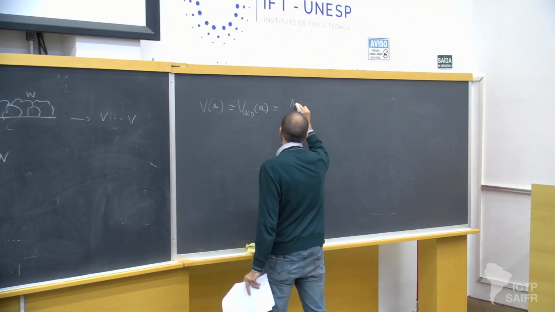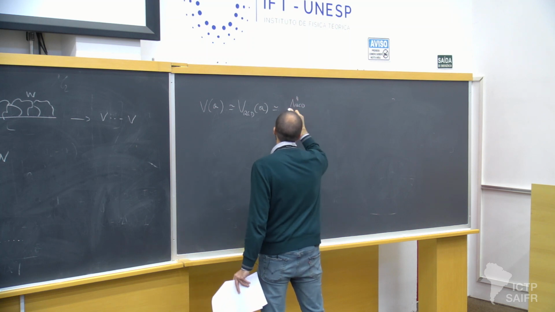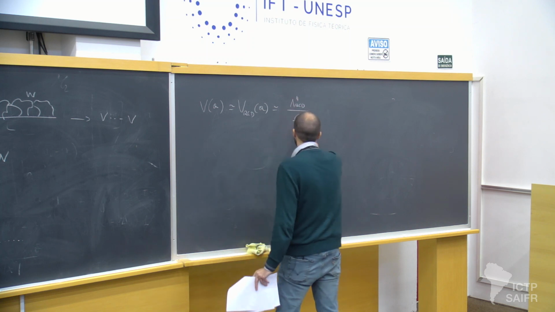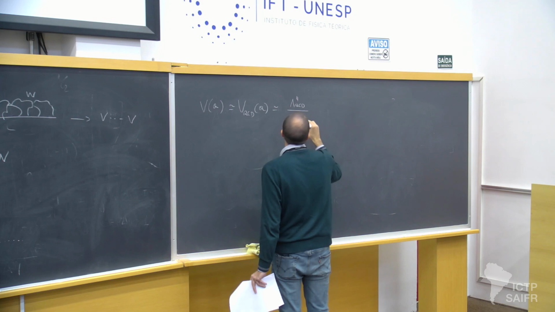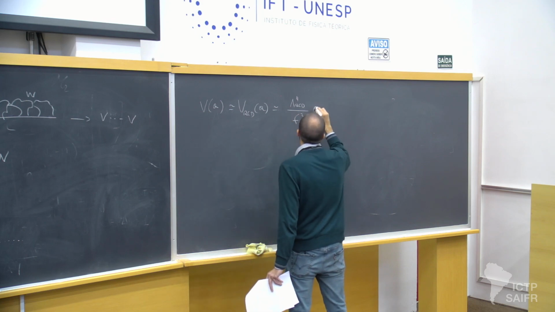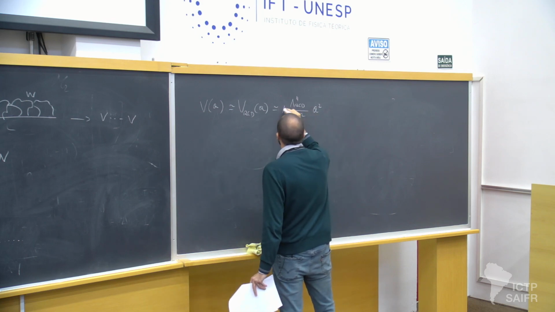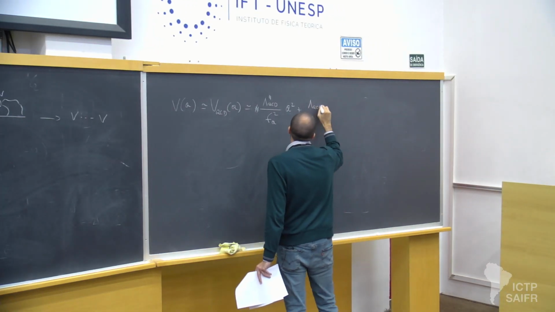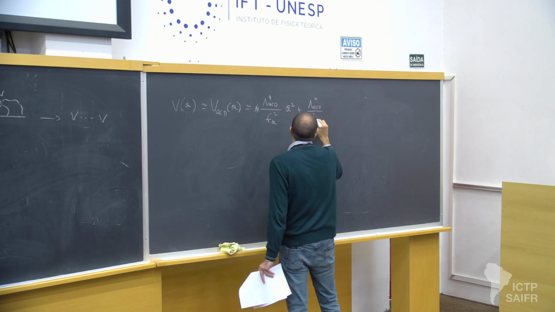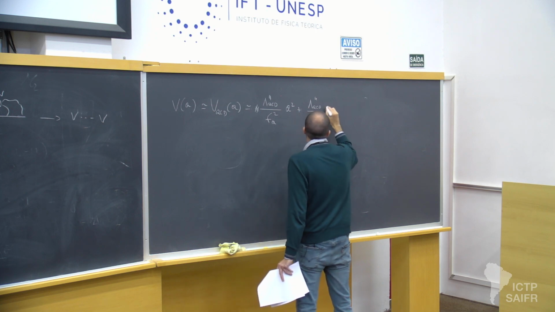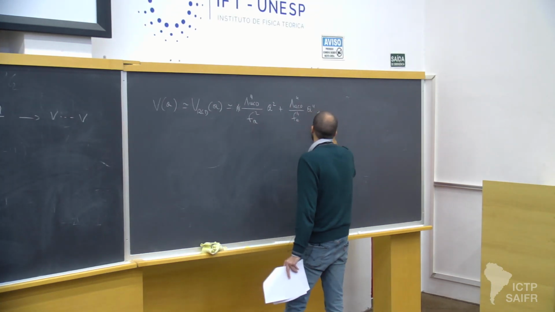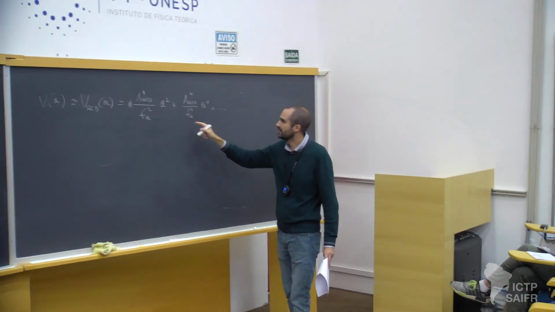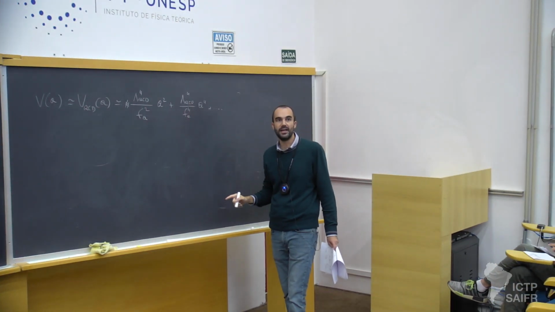Something like lambda QCD to the 4th, and I'll tell you in a second what I'm calling lambda QCD to the 4th, times FA squared times A squared times some number, plus lambda QCD to the 4th over FA to the 4th, A to the 4th, and so on. But the more I go on, the more powers of 1 over FA I have.